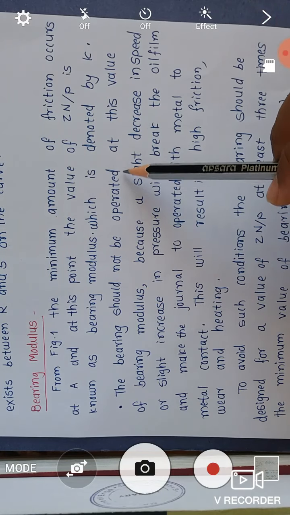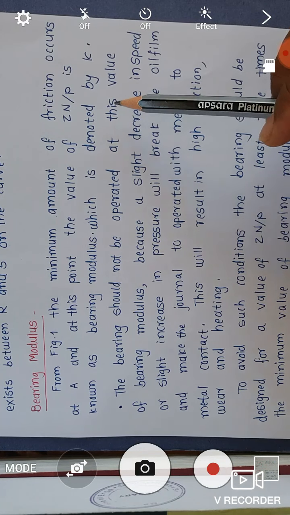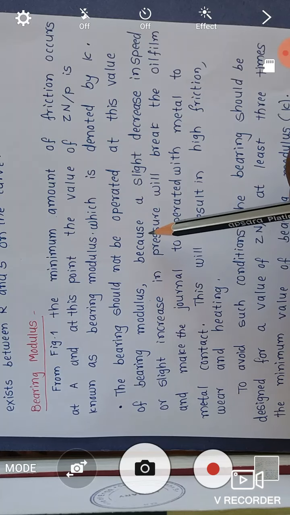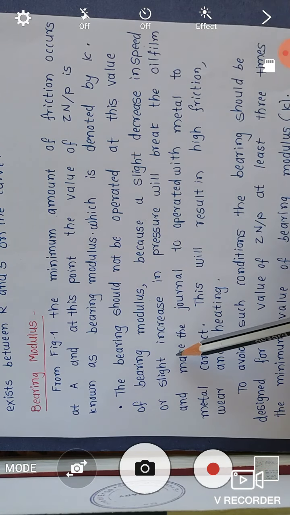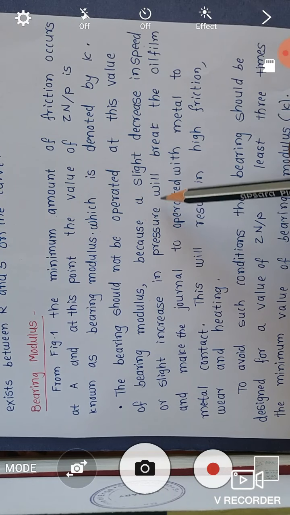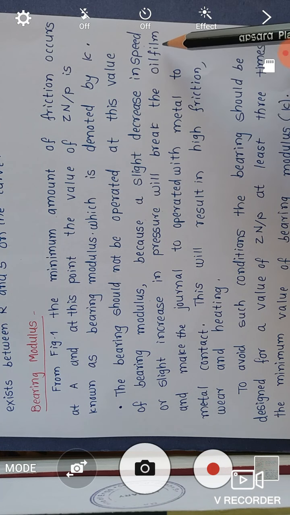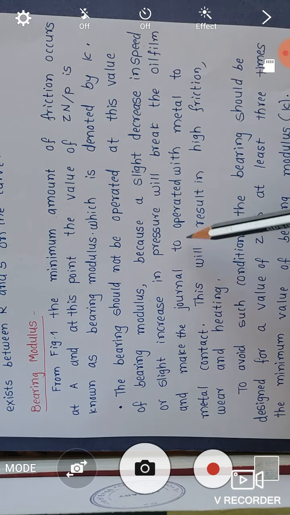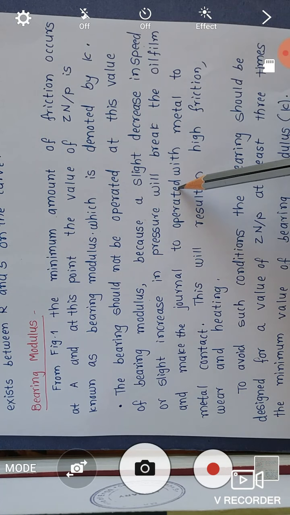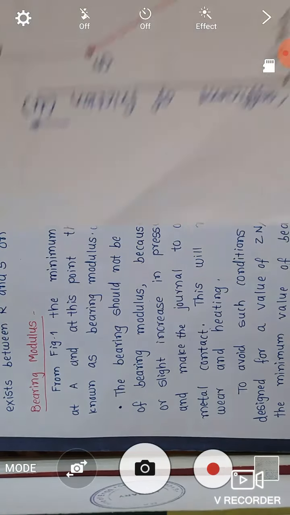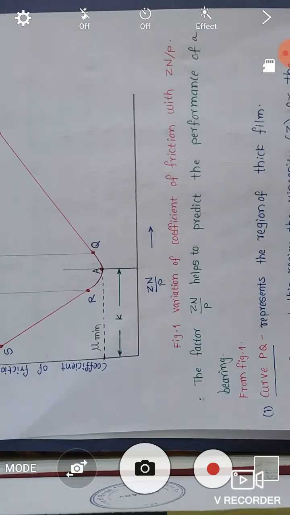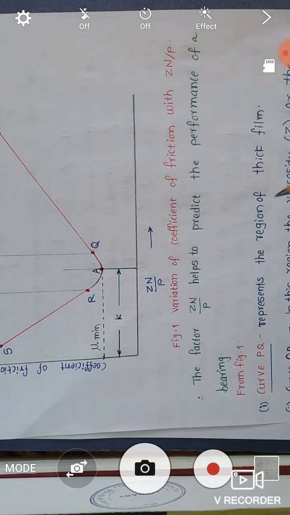The bearing should not be operated at this value of bearing modulus, because a slight decrease in speed or a slight increase in pressure will break the oil film and make the journal operate with metal to metal contact. So this is the minimum coefficient of friction value.